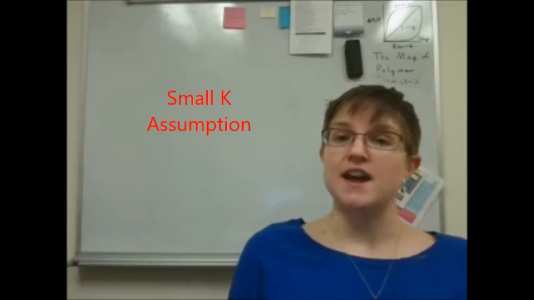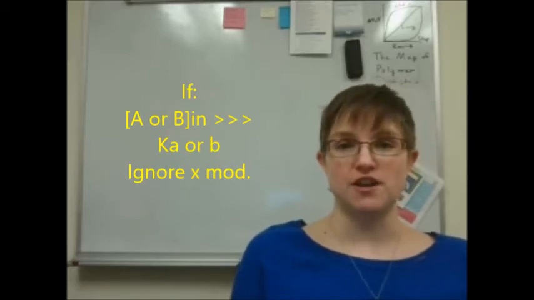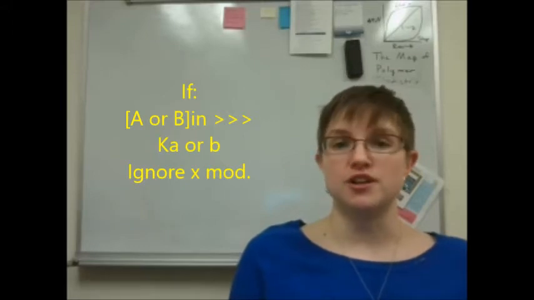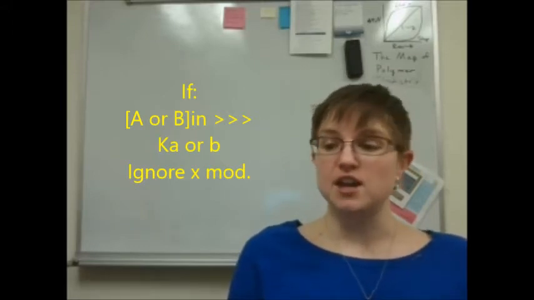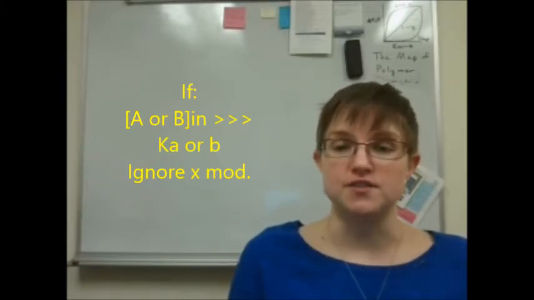If you have an ice table problem and the initial concentration of that acid or base is much, much larger than the Ka or Kb, then you can ignore the X modifications to that original concentration.